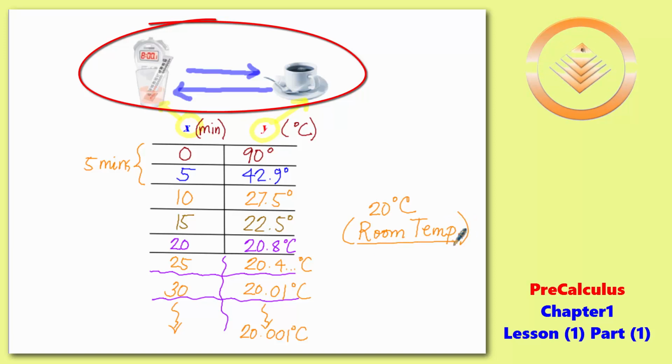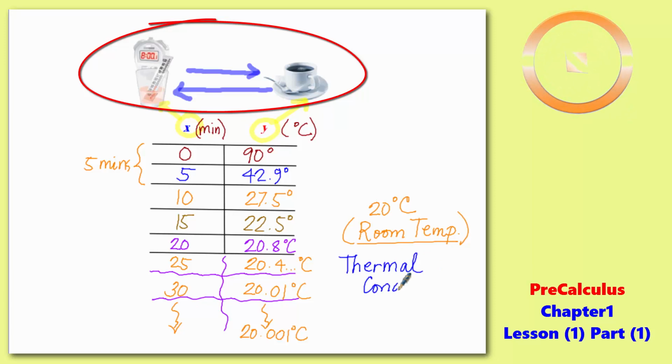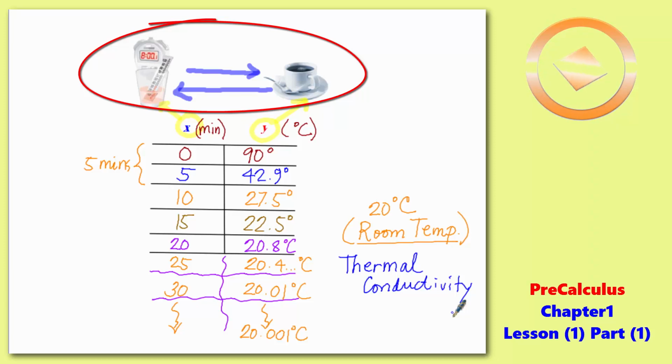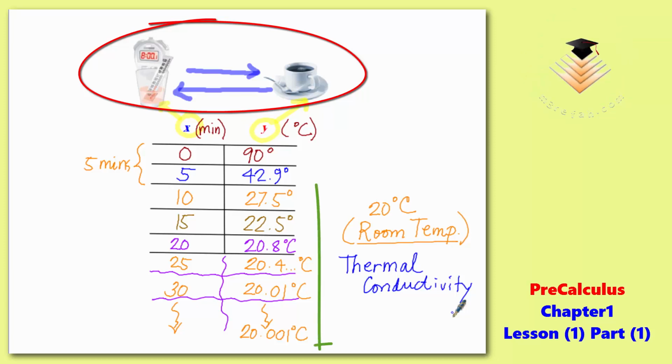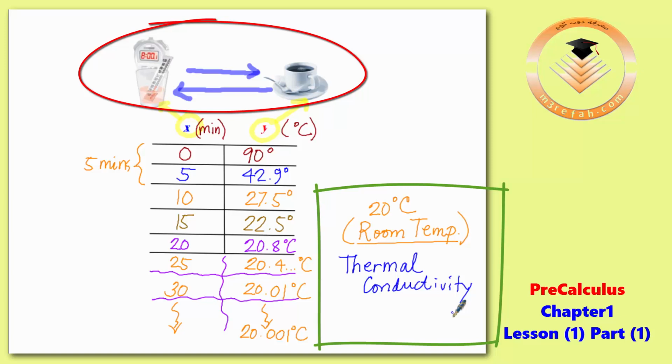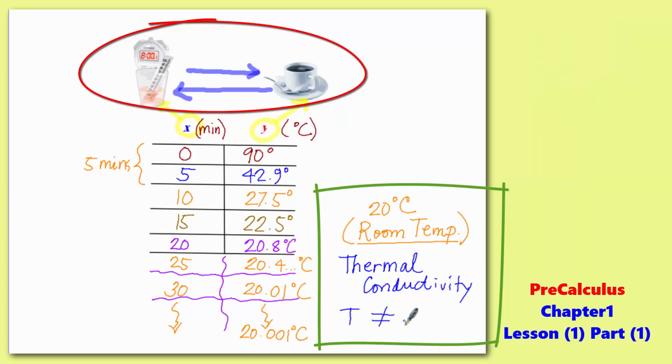And according to thermal conductivity theory, which is in science, and you can look it up also as your research, thermal conductivity, energy is just passed from one object to another. So in this case, the coffee temperature and the surroundings are not equal, are not in equilibrium.